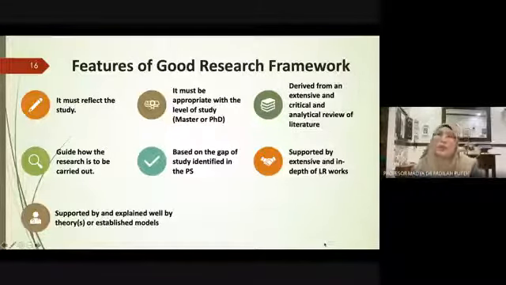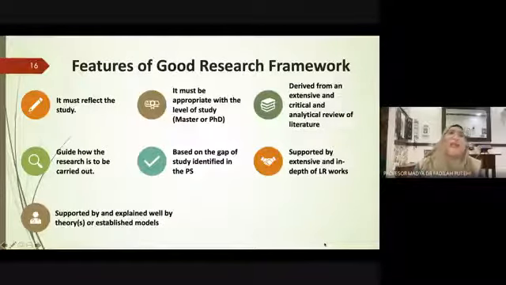The lecturer told us that for master, ideally, the objectives or the research questions are between 3 to 4. Basically 3 is, I think, appropriate for master level. I'm talking about your research questions and your research objectives.